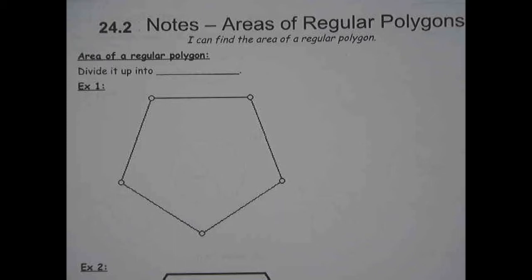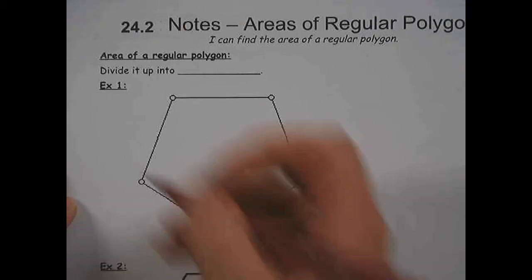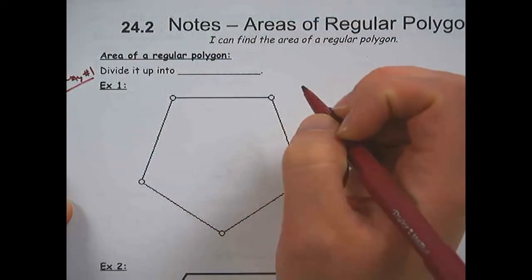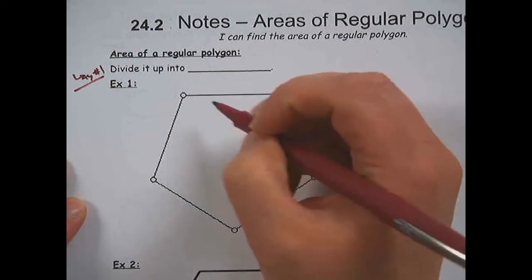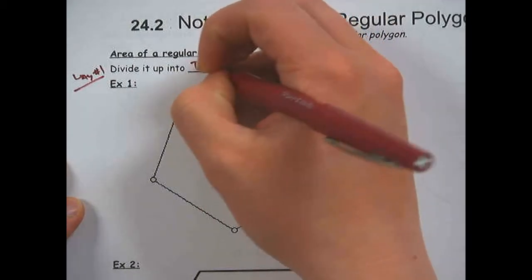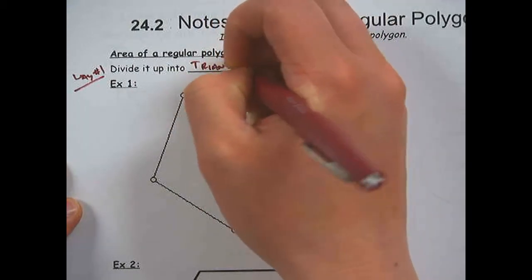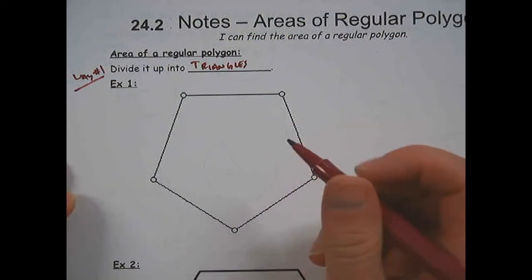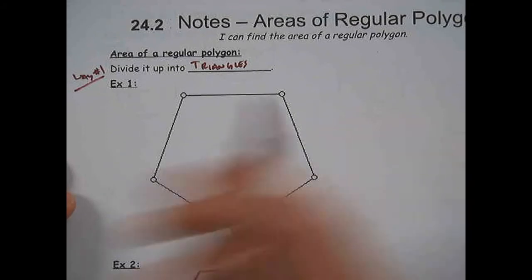The first thing that you want to know is that there are two ways to find the area of a regular polygon. The first way, I'm going to show you for example 1. This way involves dividing the shape up into triangles, because we're going to find the area of a triangle and then multiply by how many triangles we have.